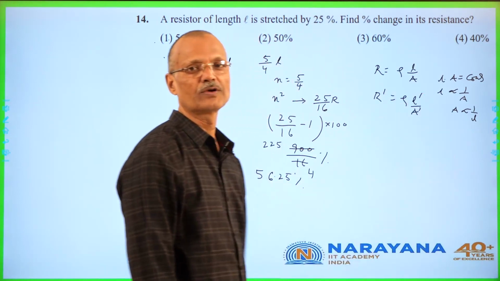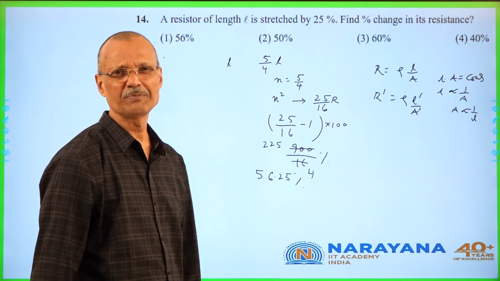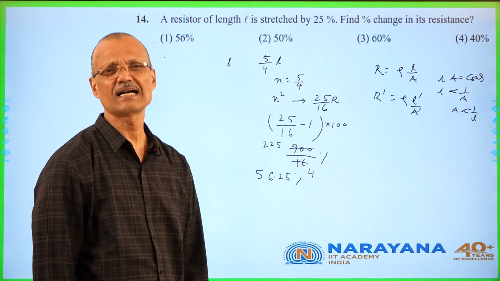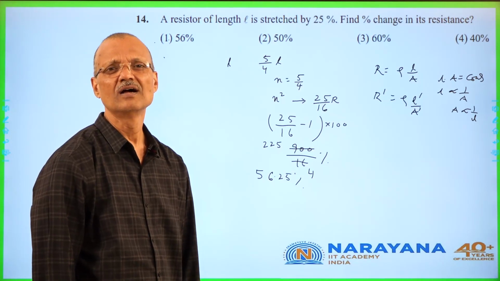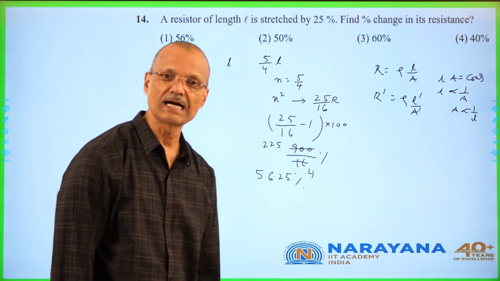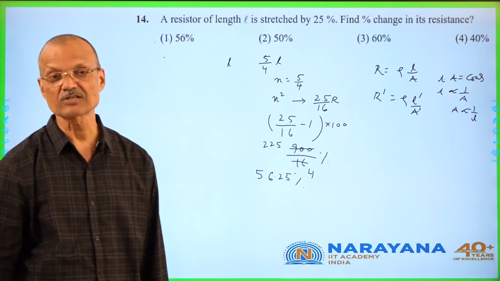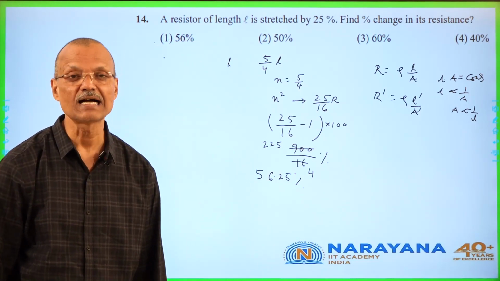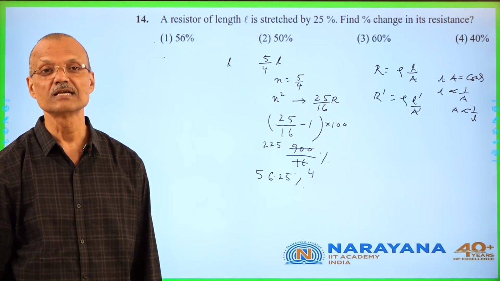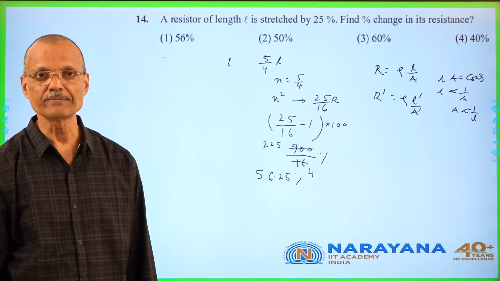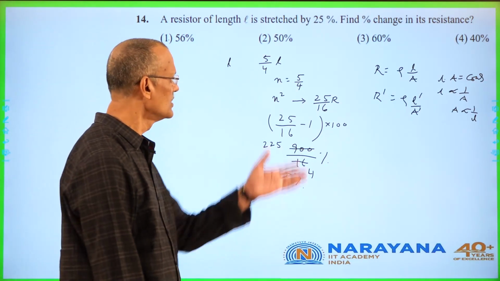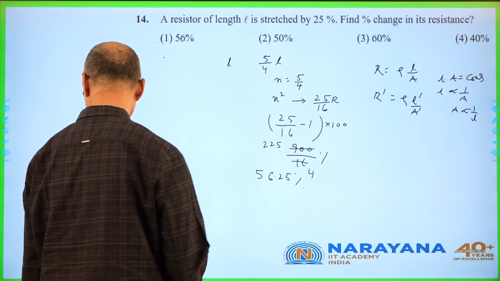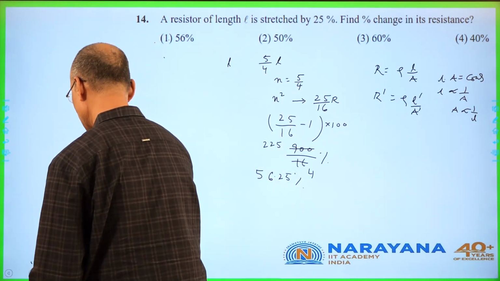This way also you can do, though we directly remember that if length increases n times, resistance increases n squared times. If the radius of cross section you are decreasing n times, resistance increases n to the power 4 times. Already all of you know. So verbally you can solve this problem. This is number 14 now.